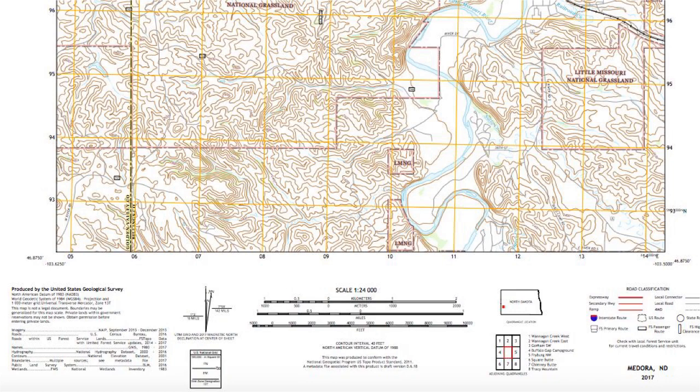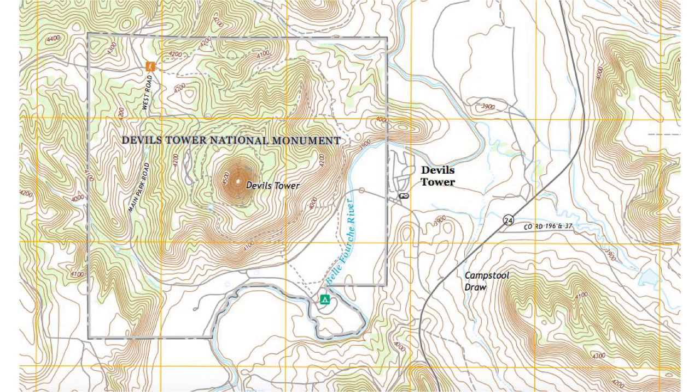And then hopefully, the thing that you probably noticed right away were all of those little brown squiggly lines. They're everywhere on this map. And those lines are really the most important part of a topographic map, and we're going to talk about those today. And here's another map. This is the one from Devil's Tower in Wyoming, that old leftover volcano.